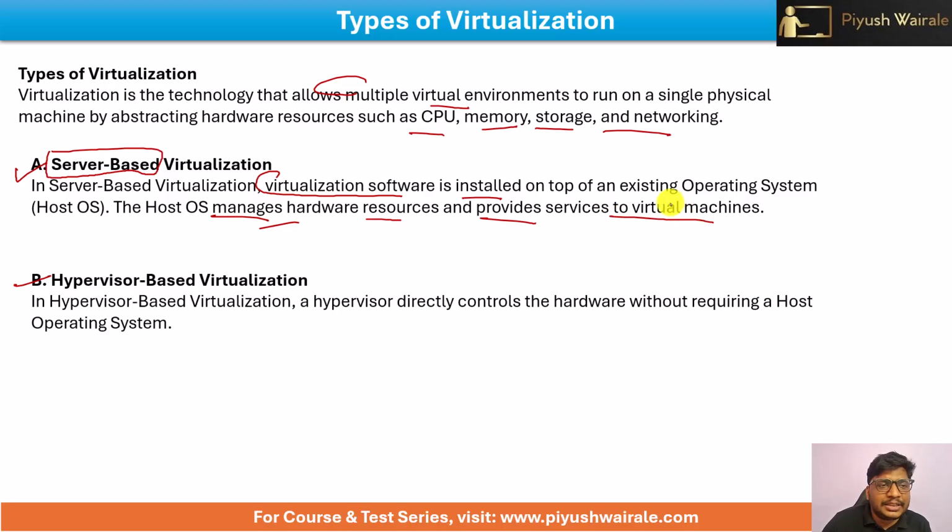So simple concept. In server-based virtualization, software is installed on top of the existing operating system, that is the host OS, and then it manages the hardware resources and provides services to a virtual machine.